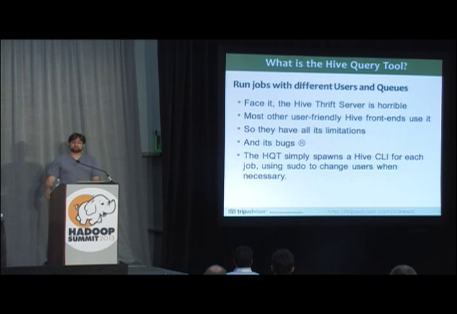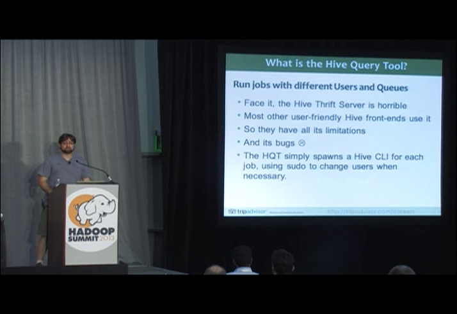So one of the requirements that we had was we had to run jobs with different users and run those jobs with priority queues, with the priority scheduler. We can't be the only place that cares about who is using how much capacity on the clusters. Different departments essentially buy capacity on the cluster. They say we need to run all these reports.